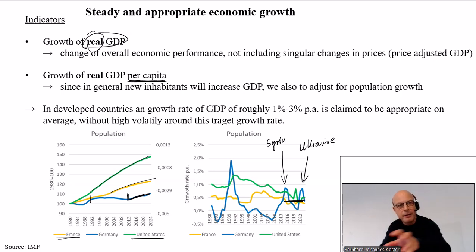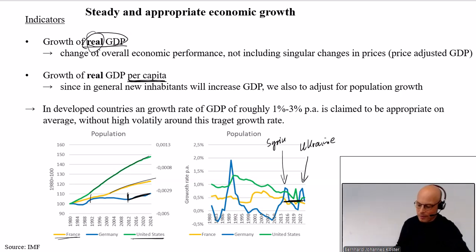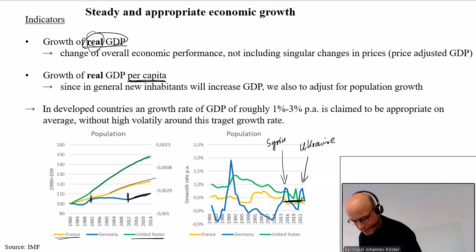Comparing not per capita numbers but only the growth calculated from real GDP, looking especially at this period here, this meant that, for example, the growth rate in the United States has to be higher, just because they are in general a country where people are moving to.